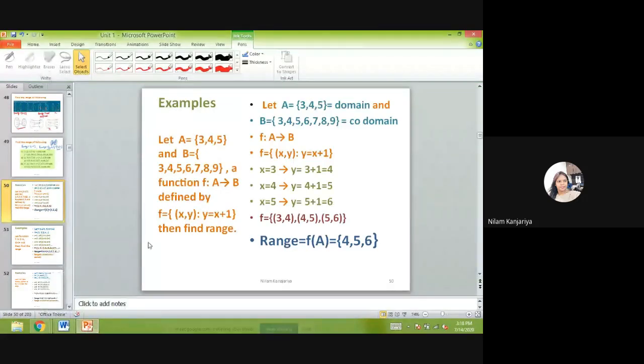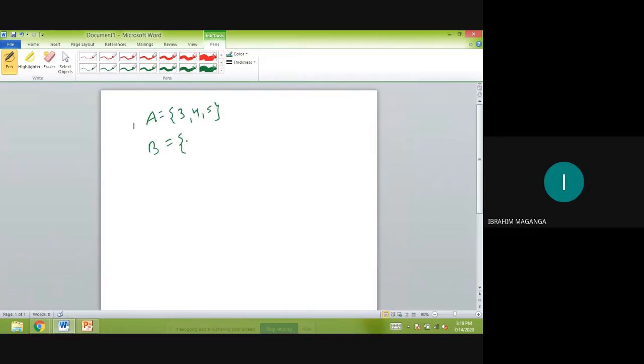This is a fun example, so I will show you in front of you, and I will also tell you how you can solve it. So A is 3, 4, 5 and B is 5, 6, 7, 8, and 9.